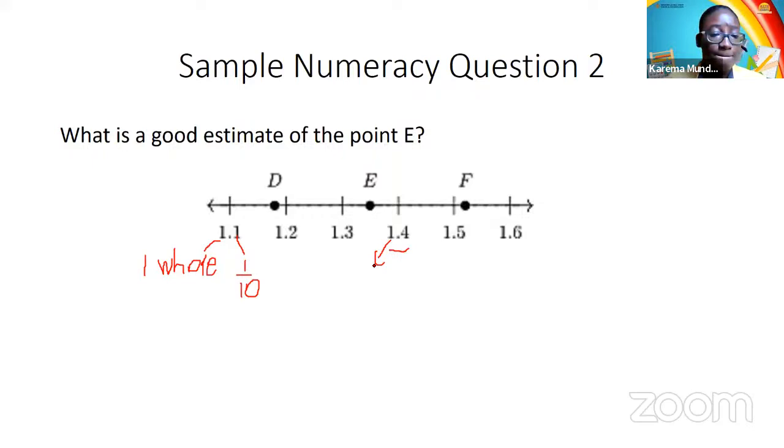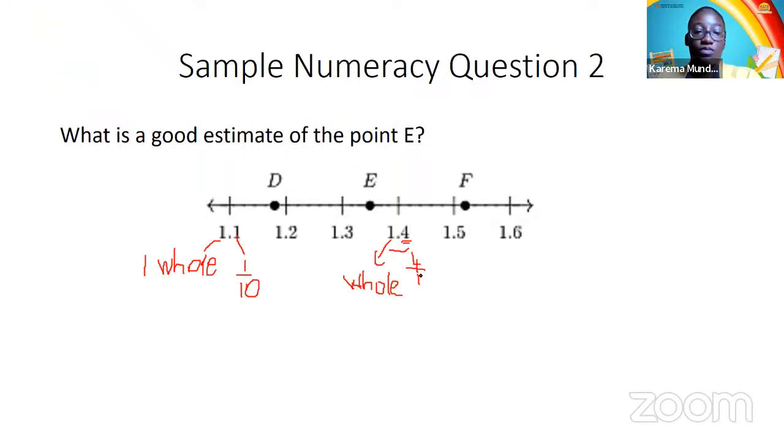It is saying that we have 1 whole. So the number in front of the decimal point speaks to the whole, and the number after the decimal point speaks to the fraction. So we have here 4 out of 10 equal parts.